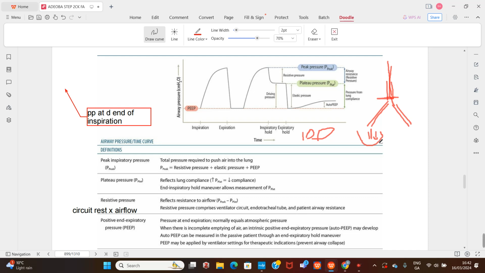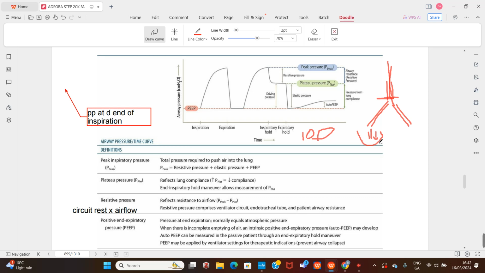Who wants to remind us of that volume? At the end of a normal tidal expiration, what volume of air remains in the lungs? Functional residual capacity. So that is the functional residual capacity.